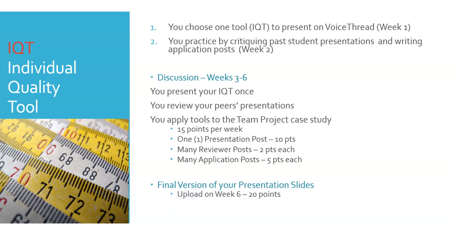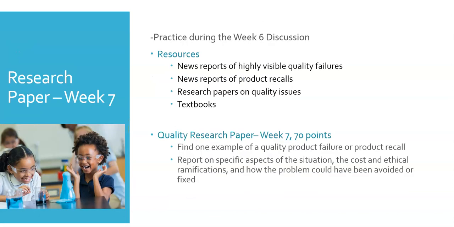There are 2 assignments that only happen once each. The first assignment that only happens once is a research paper, which is due week 7. And you do get a little bit of practice about writing that research paper during the week 6 discussion, when we'll be looking at a recall problem with a particular cookie company.